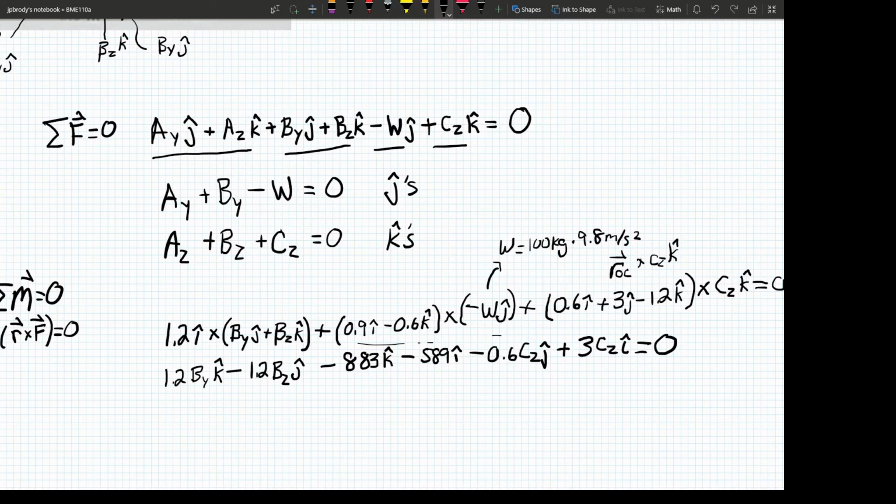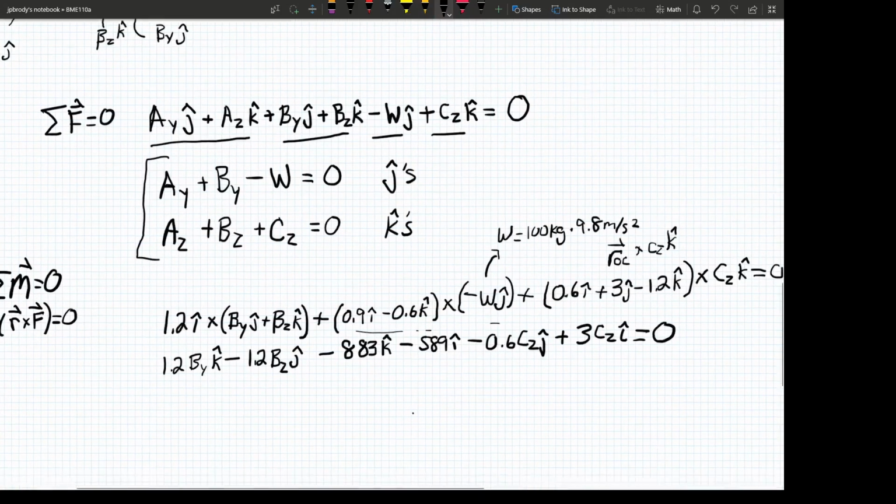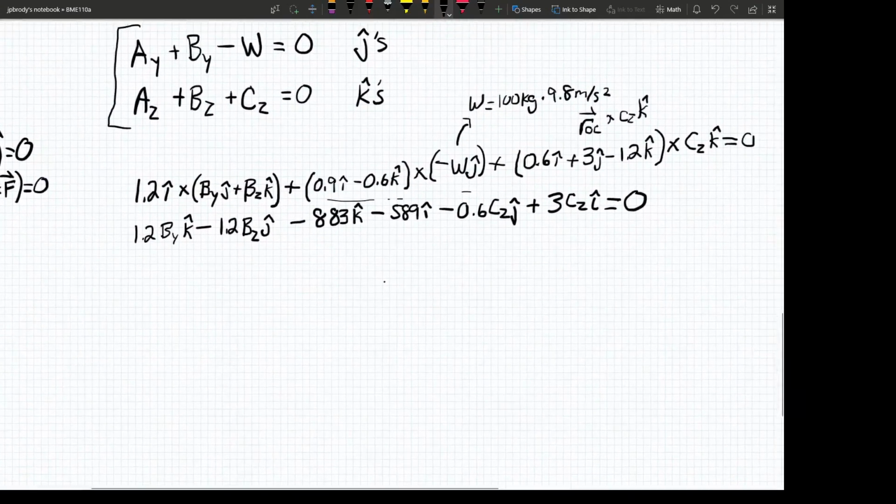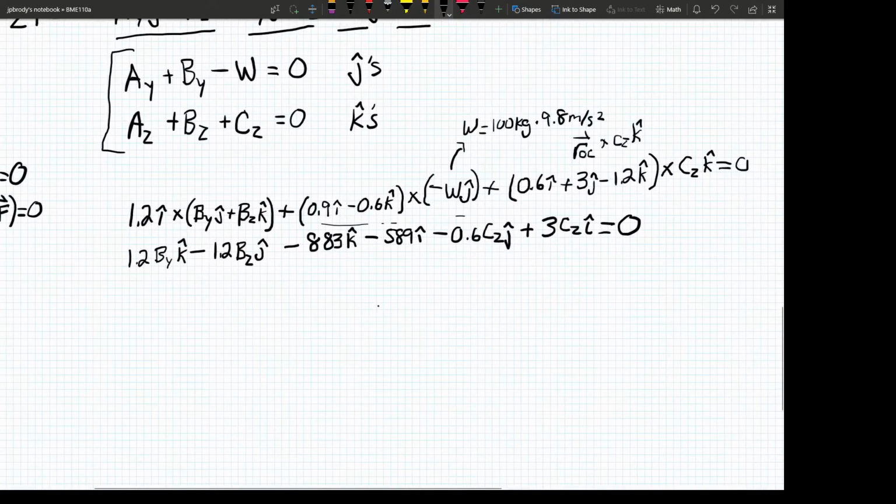And then we had this one, negative 1.2 k hat crossed with the c z k hat. Doesn't matter, it's 0, because k hat cross k hat is 0. We'll do this for each of the 3 vector directions.